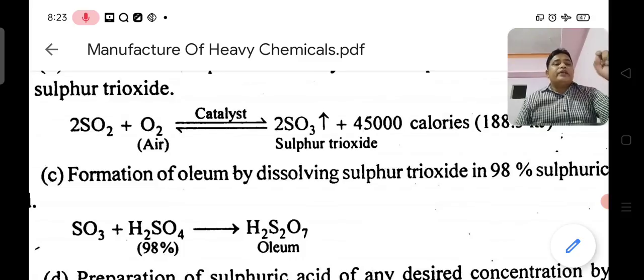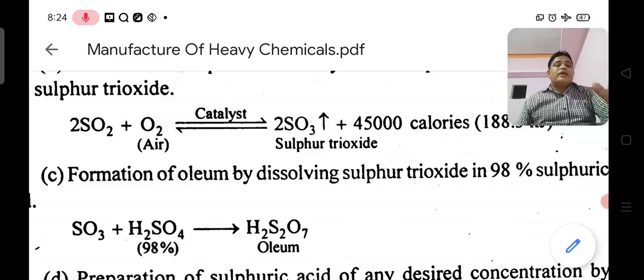That means if we increase the concentration of SO2 and O2, then we get a high yield of SO3.